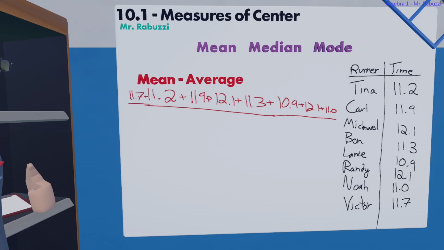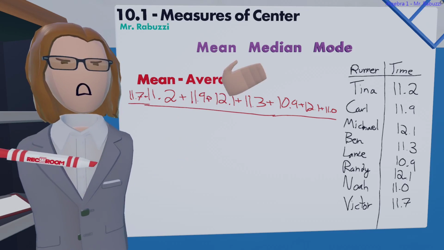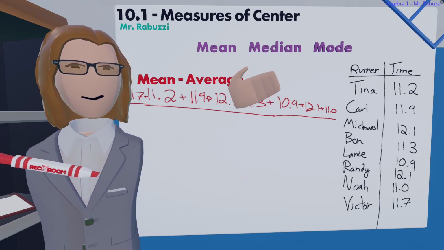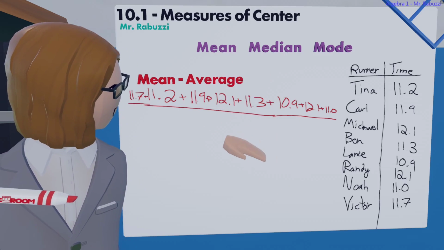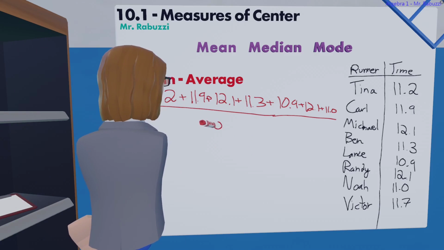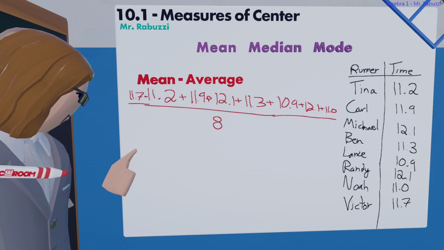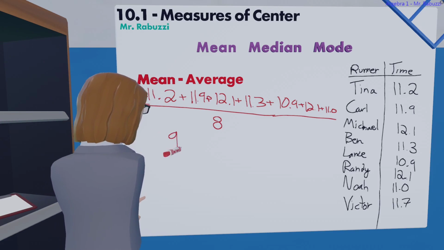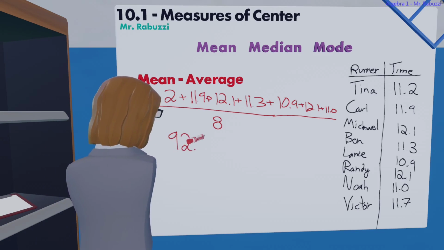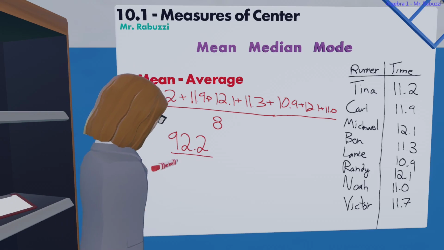And after I add them all up, I need to divide by the number of values. So over there in the chart, we added up 8 values, right? There were 8 people. We added up the 8 people's times. So we divide by 8. We add them all up, we get 92.2. And we divide that by 8.